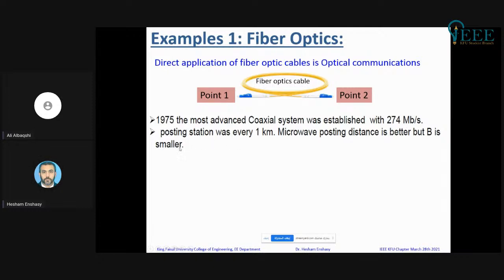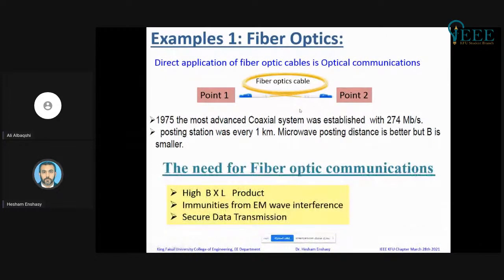However, repeater stations were needed for coaxial cable every 1 kilometer, which basically translates to cost. Same thing for microwave. Repeater distances are better, however the bit rate is smaller. So for microwave the bit rate is less than this, but repeater distances could be 50 kilometers or so. So this is the history before people started fiber optic communication. So the need for fiber optic communication came from these three advantages of fiber optic communication.